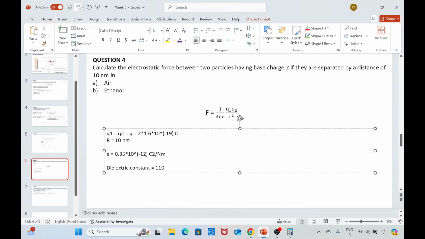I'm not sure whether this is the exact value of the dielectric constant of ethanol, but since it's just for practice purposes, I'm going to take this value as 110. If you wish, you're welcome to search for the actual value and let us know, or solve it for yourself sometime later. I'll just give that caution here: the value may be different.